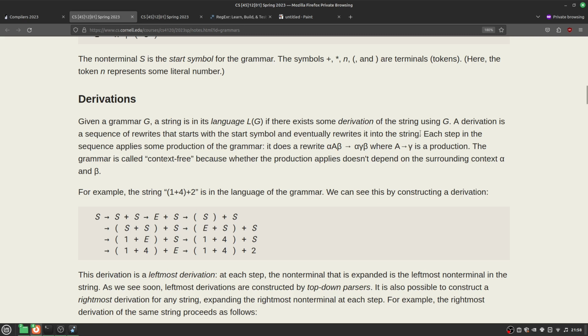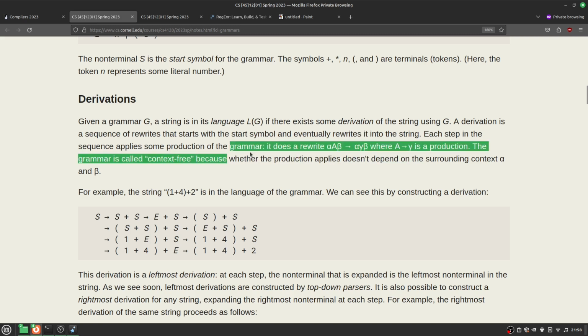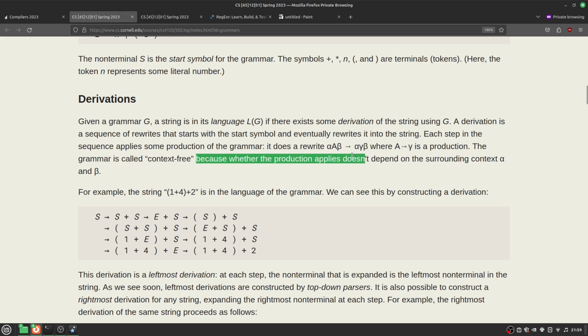Okay, alright. The grammar is called context-free because whether the production applies doesn't depend on the surrounding context, alpha and beta. That makes sense in this specific world.